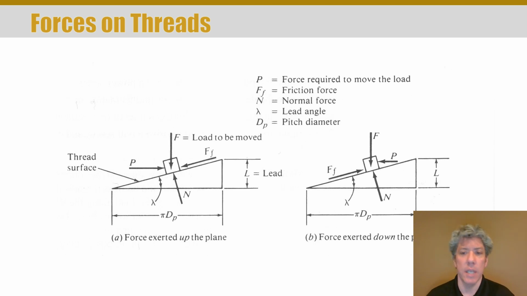Friction acts against the direction of motion again, so understand that this box is moving down the incline now. But what's interesting about this is that the load helps the nut move down, and so it doesn't take as much force to move the load down the incline. And this is analogous to how much torque it takes to turn the power screw.